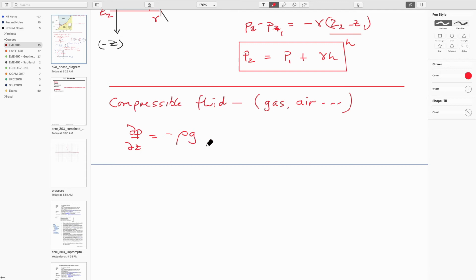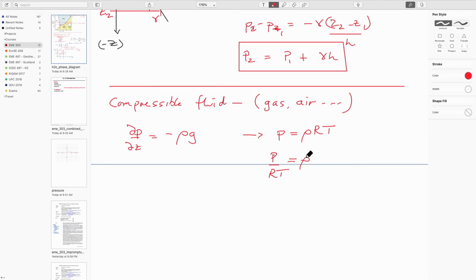Rho g. We also know that pressure is equal to density times universal gas constant times T. In absolute pressures, I won't confuse it by writing the A's in. So we could rearrange that as density being equal to pressure over RT.